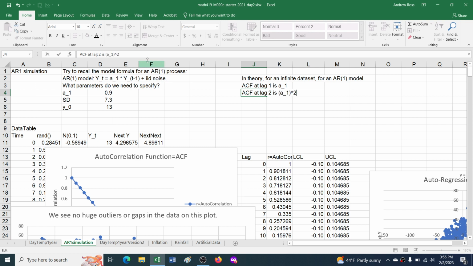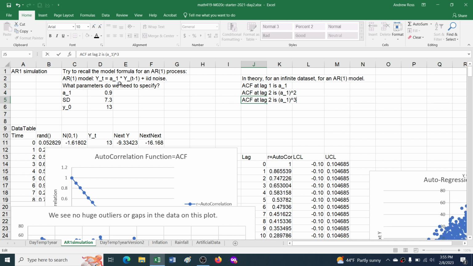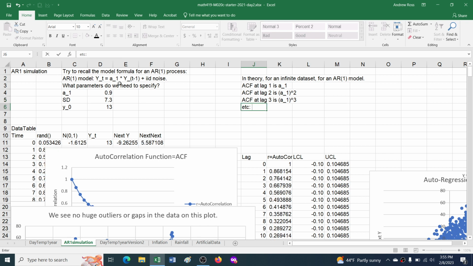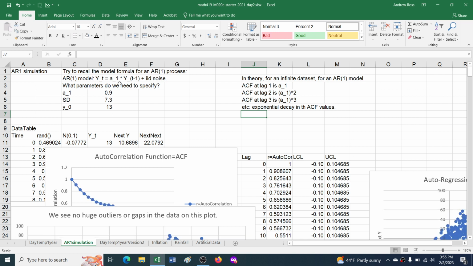It's like you're applying A1 to 2 days ago and then applying it to yesterday. So it kind of makes sense that we would square that. And then the ACF at lag 3 is A1 cubed, etc. So that is exponential decay in the ACF values. So that's the ACF for an AR1 model.